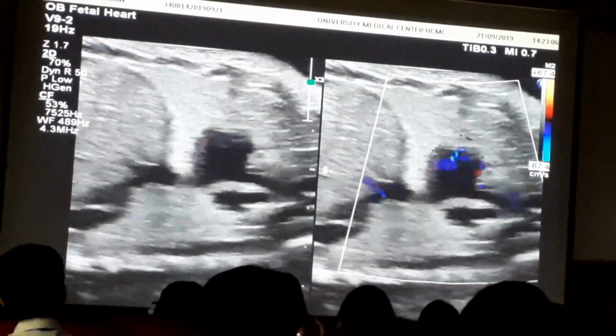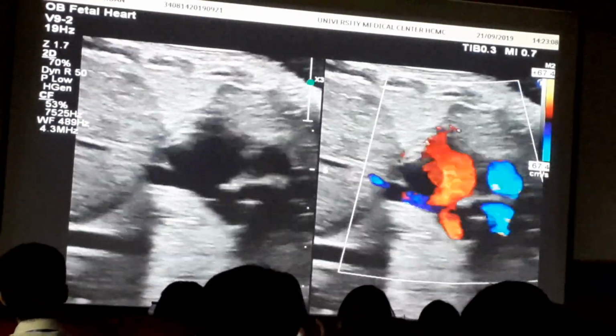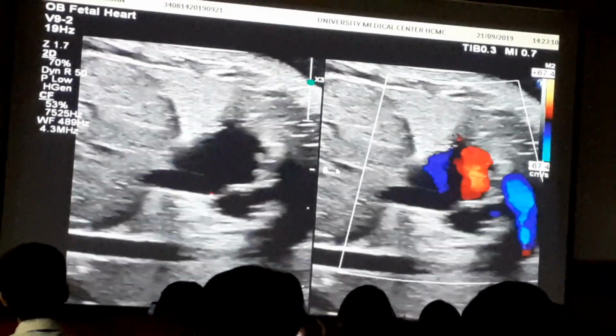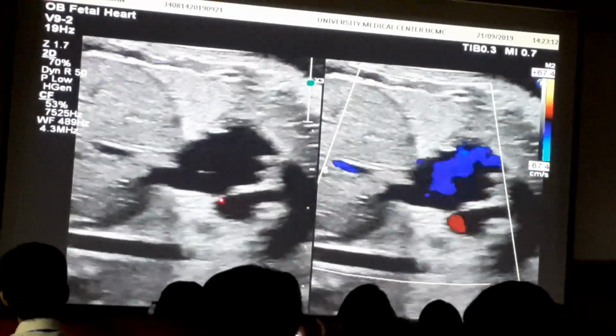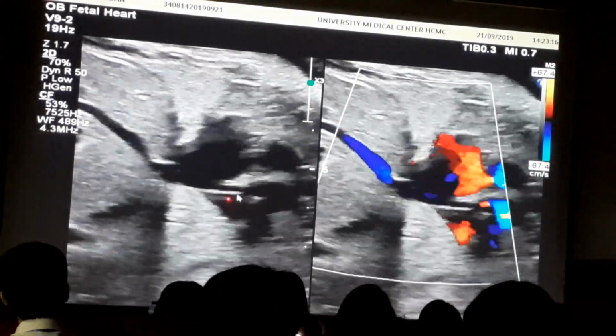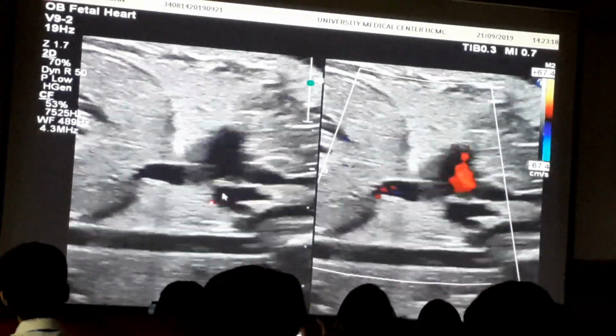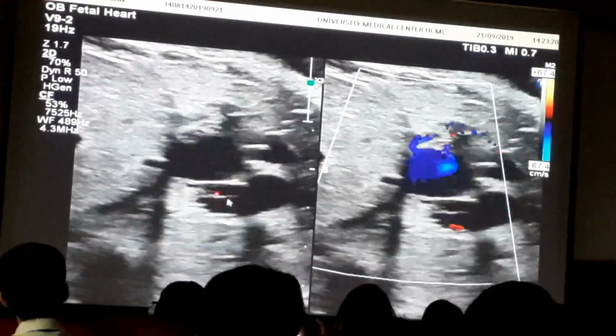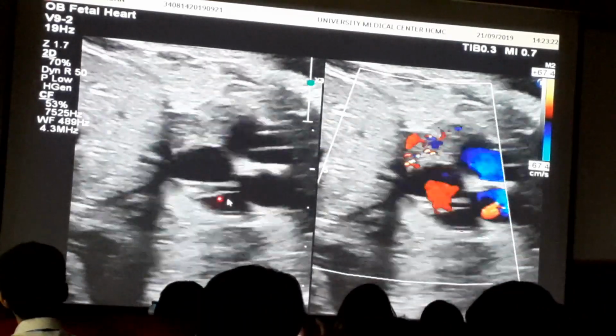And then atrial septum we can look at from sagittal. Cái vách liên nhĩ này. Here. There's the foramen flap here. Mình thấy cái nắp của cái lỗ bầu dục đây.